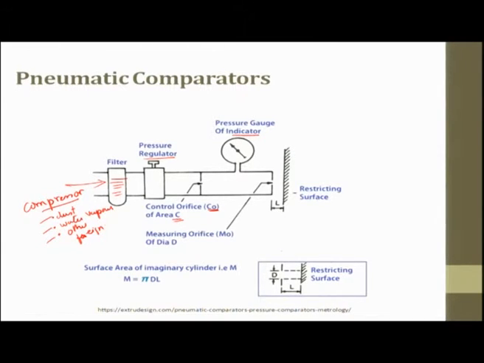Then afterwards it is passed through a measuring orifice M naught of diameter D. So, this is the controlled orifice, this is the measuring orifice, through which the air exits the setup, and then you have a restriction surface. Whatever the restricting surface is, suppose this is the gauge and then you have a hole, and then you will have a component.